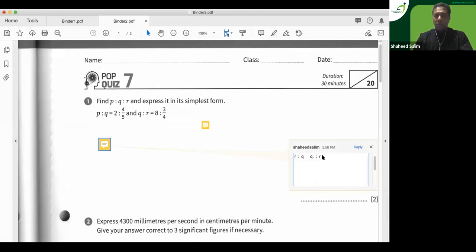P is to Q is 2 is to 4/5. Correct. Then Q down here is 8 is to 3/4. So now we want to put it together. PQR, right? That's what we want.